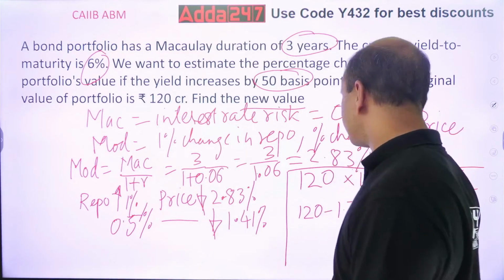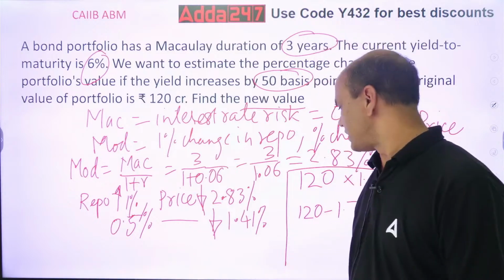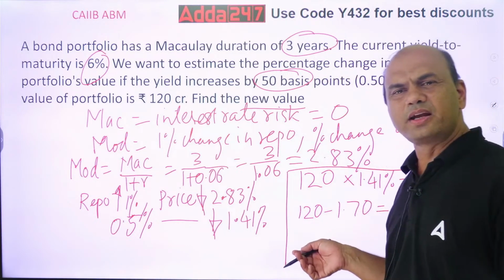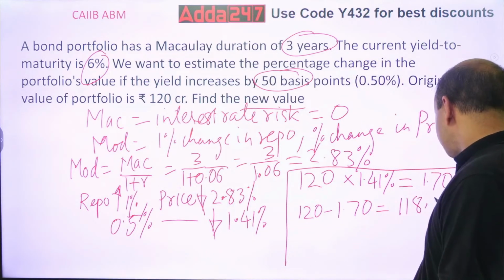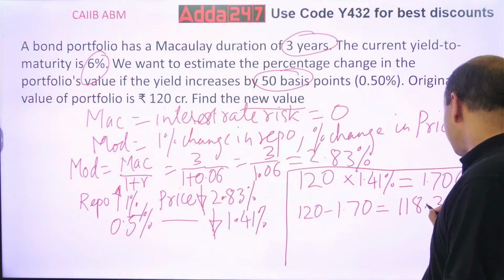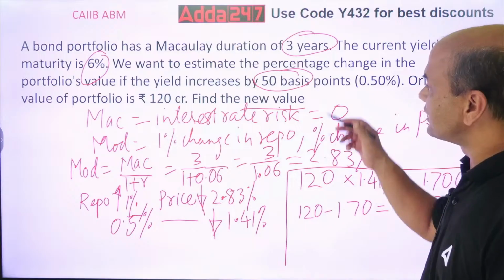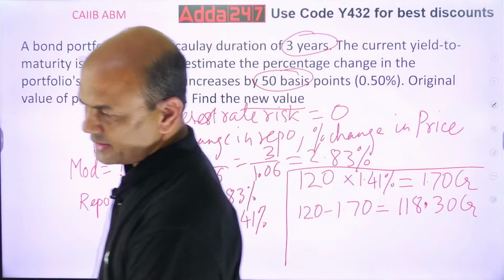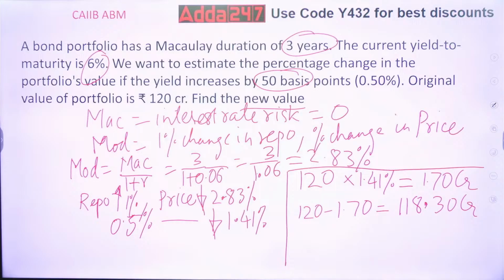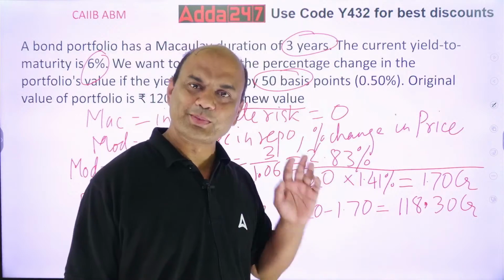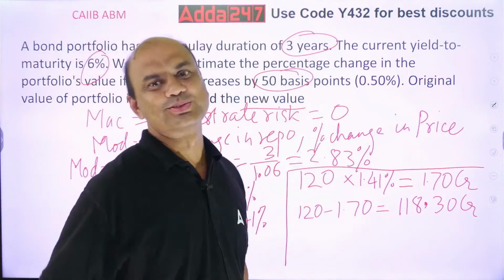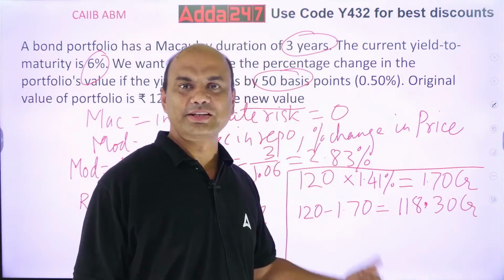Okay, so that is equal to 118.30 CR. This is the value of your new portfolio. So these are the two answers, everyone. Got it? Clear, everyone? This numerical can be asked in ABM also, BFM also, ABFM also. It can be asked in any of these three. Don't miss it.